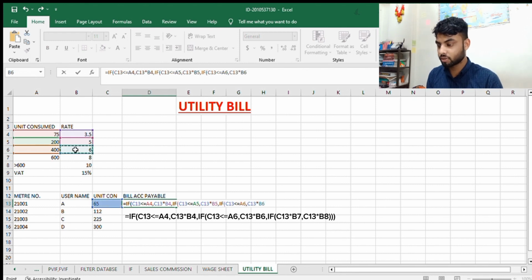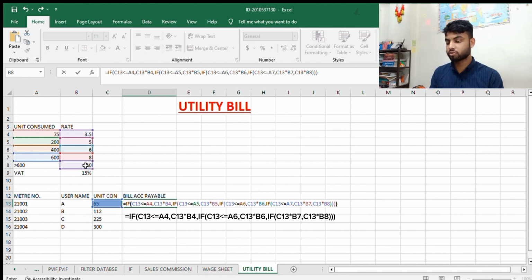Then again, if unit consume 65 is less than or equal to 600, then the bill is 65 into 8. If all is false, then the bill is 65 into 10. Then close the bracket and press enter.